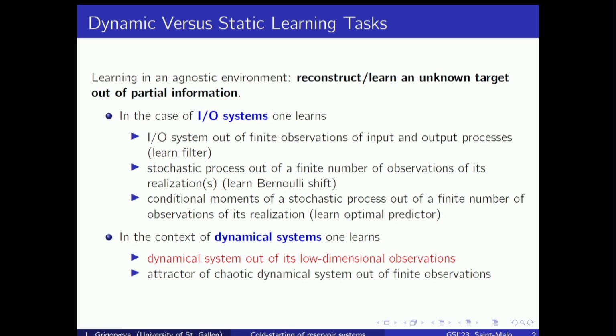Our goal will be to learn a dynamical system out of low-dimensional observations of it. The target dynamical system may be defined on some manifold, which may be high-dimensional, and we observe only low-dimensional observations of it. And presumably we will be working in the setting where we have only finite observations, or a short history of our observations.